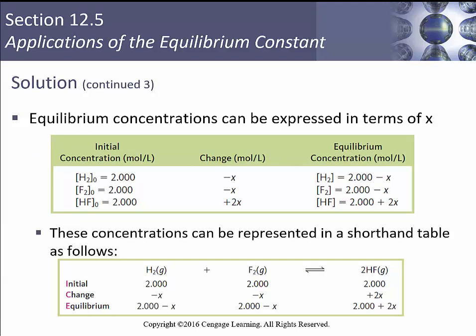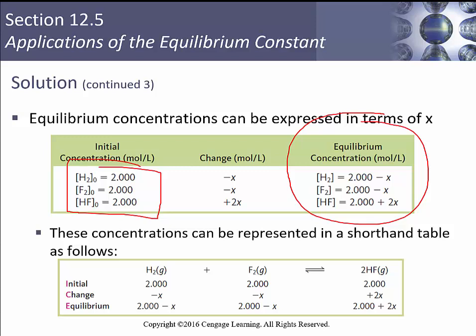So if we look at our little table, we've got our initial concentrations, and we've got our change as minus x, and plus 2x, which means our equilibrium concentration is going to combine those. So 2 minus x for our hydrogen, our fluorine is 2 minus x, and our HF is going to be 2 plus 2x.